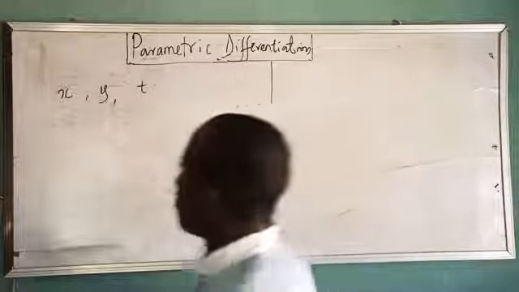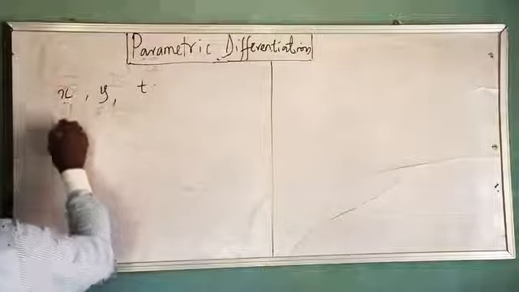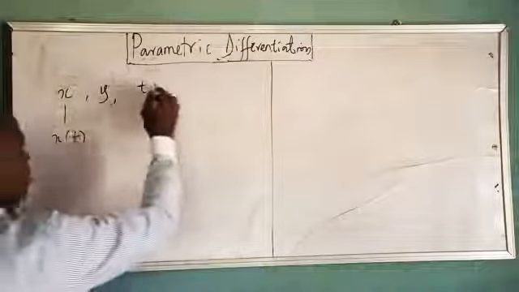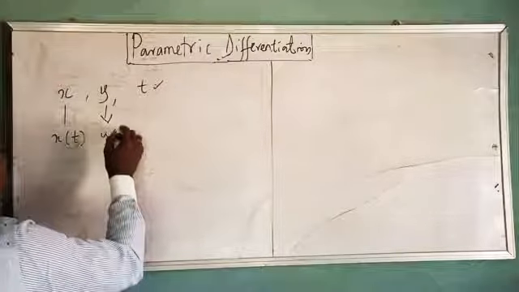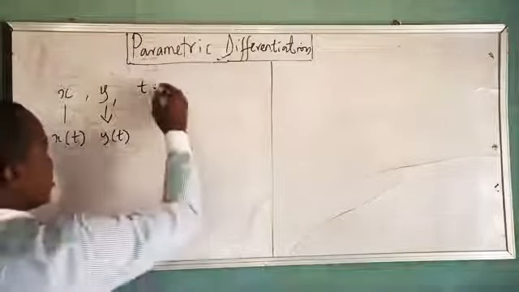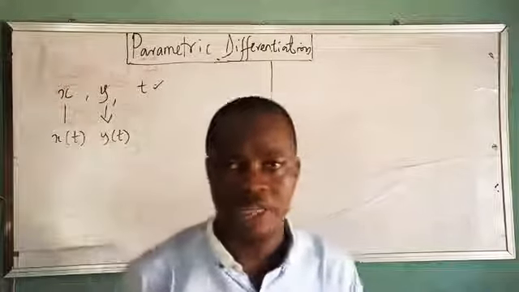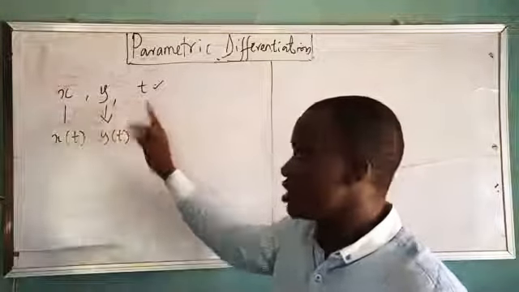But let's say x is expressed as this variable t, and also y is expressed as this variable t. You can see that two of the variables are expressed as a function of the third variable, which is t.